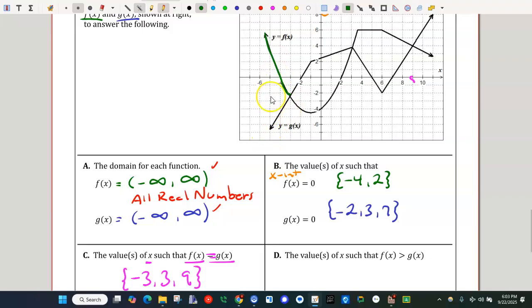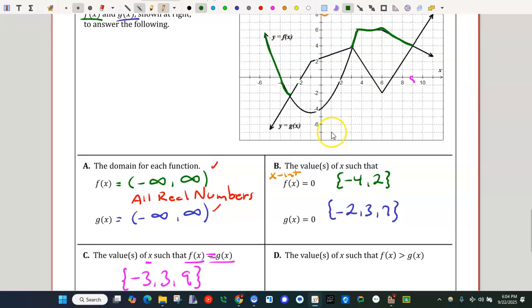Here's g of x, here's f of x. F of x is clearly above g of x. And then when we get to here, now f of x becomes below g of x. And then once we go over here, starting right here, f of x is now, once again, above g of x. And it goes right here, and then stops, and then starts going below g of x.